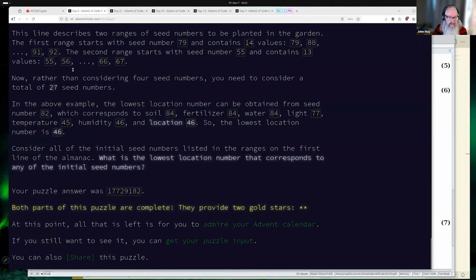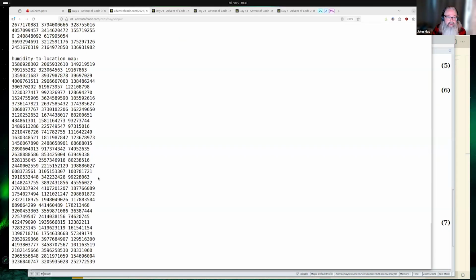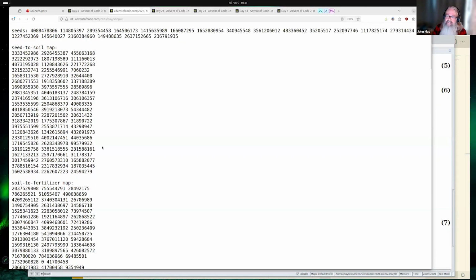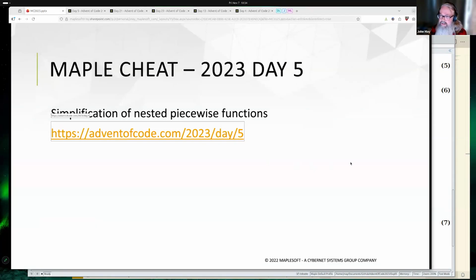The actual input that you're given by Advent of Code has much, much bigger numbers with many, many more branches. So the actual piecewise functions that come up in the real input are a lot bigger, and it doesn't quite feel as magical anymore because these things are huge, and you end up running into some inefficiencies in minimize and piecewise functions that go on the list.